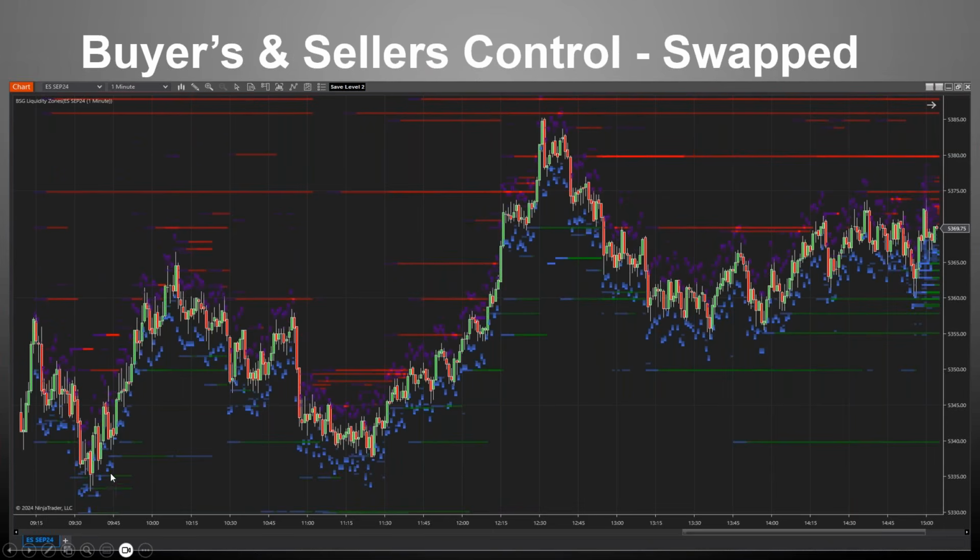Eventually, buyers move the control up, but I don't take the trades here. Why? Because it's still a buyers' control area, sellers' control area. But look at this particular part. Can you see this level right here? Seller's control was lost. At the exact same price, buyers took over. Can you guys see this one? This is the high probability trade setup that we are looking for in order flow today. This is something you can find every single day.